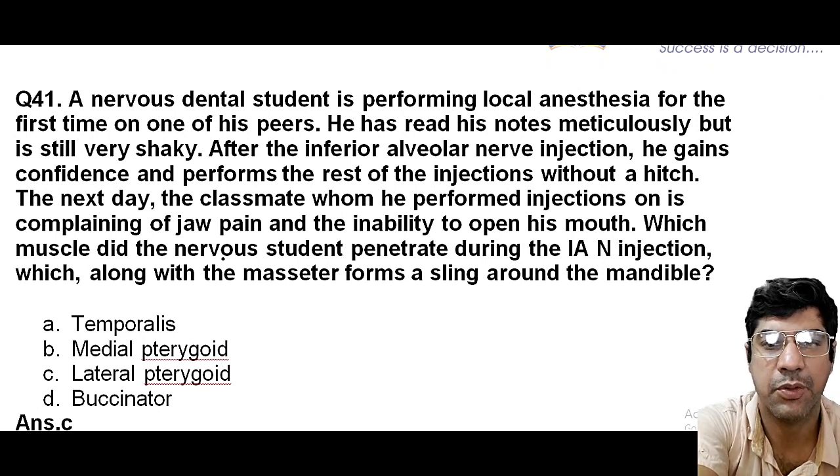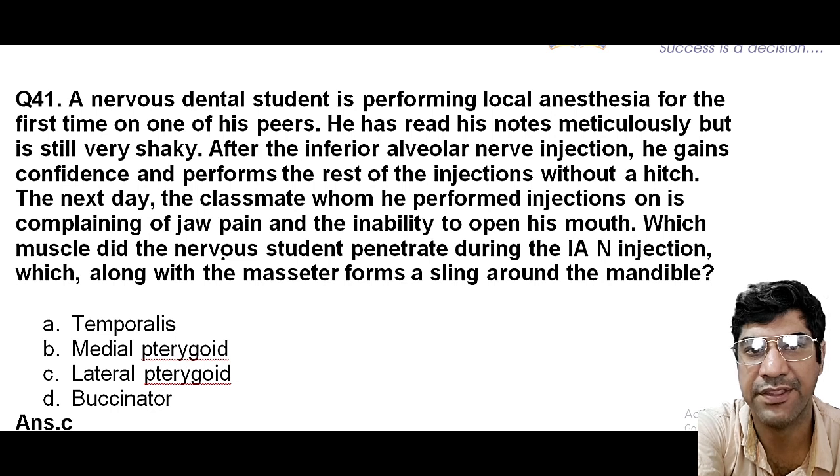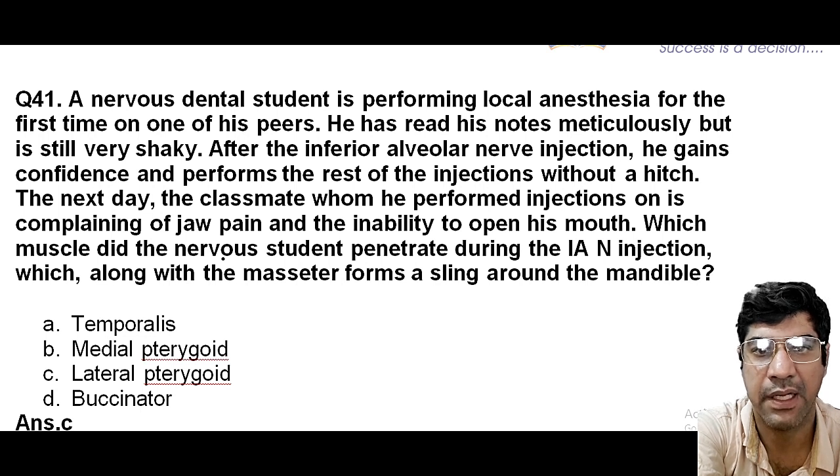A nervous dental student is performing local anesthesia for the first time on one of his peers. He has read his notes meticulously and is very shaky. After the inferior alveolar nerve injection, he gained confidence and performed the rest of the injections without hitch.